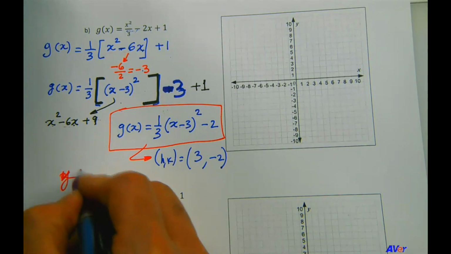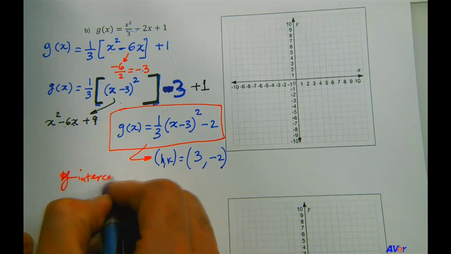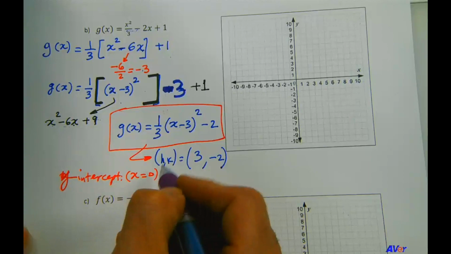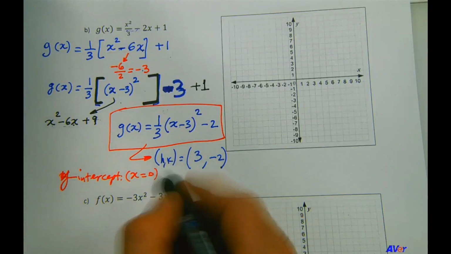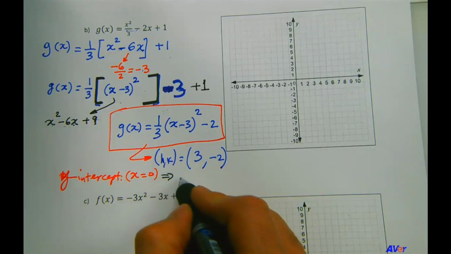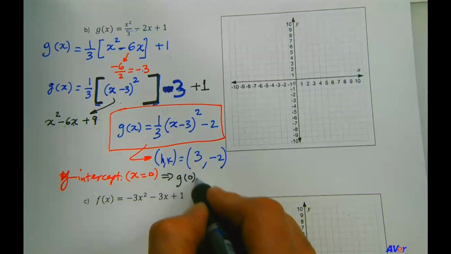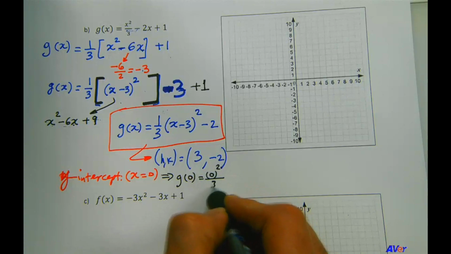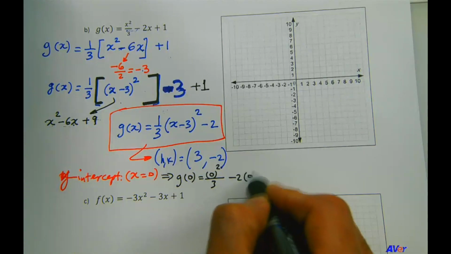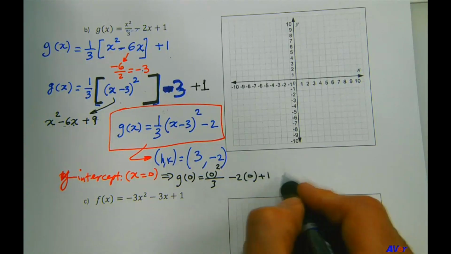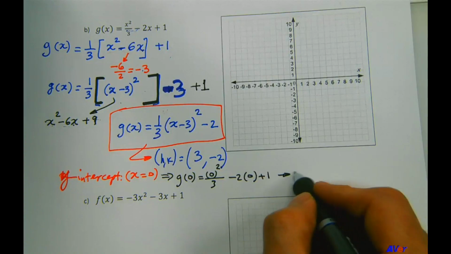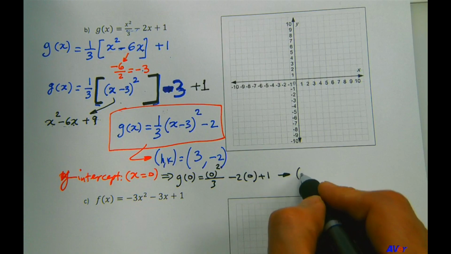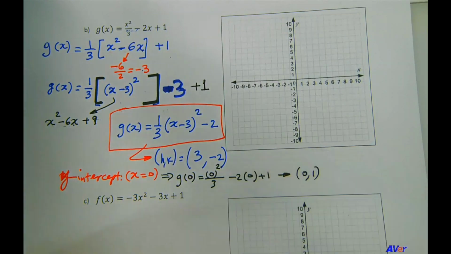The y-intercept is when x equals 0, right? So from here, function g at 0 is 0 squared over 3 minus 2 times 0 plus 1. So the y-intercept is 0 comma 1. That's the y-intercept.